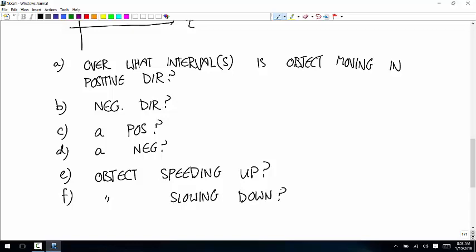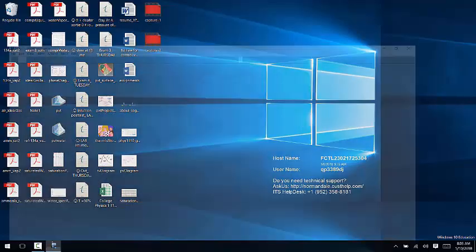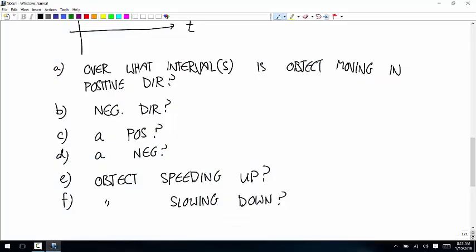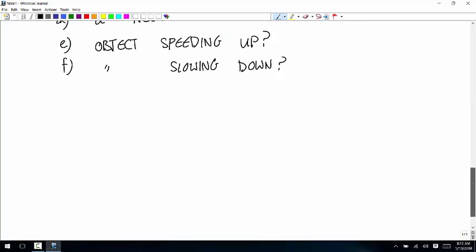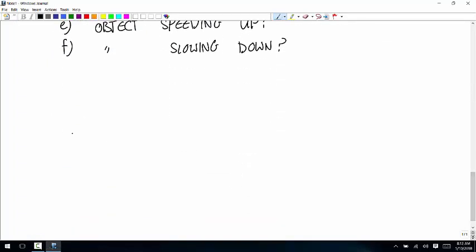Okay, so the graph looked like this. The sign of the velocity just has to do with whether the slope is positive or negative.